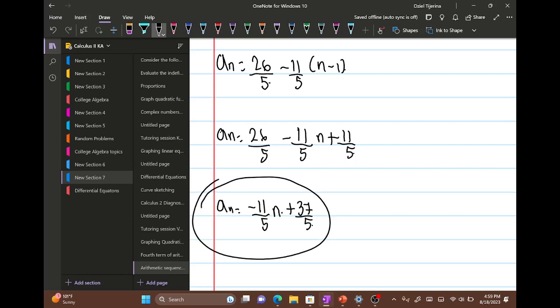And that would be it. Or you could just say this by itself, but it's really either or. If they do it in terms of just distributive property, then go with that.